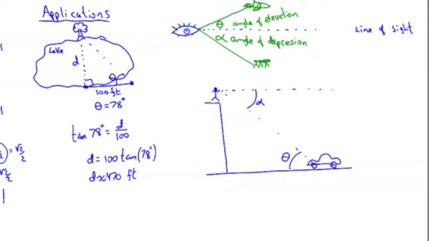It's called alternate interior angles because these two lines, top and bottom, are parallel to each other, and this is a transversal. So the angle of depression from the top is equal to the angle of elevation from the other perspective.